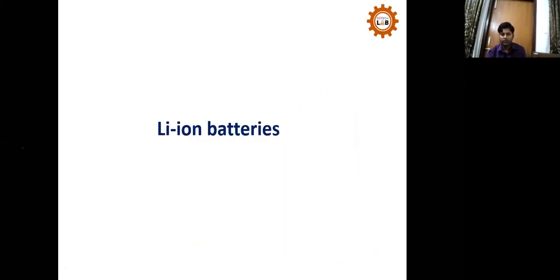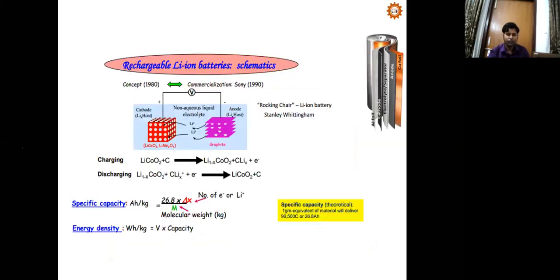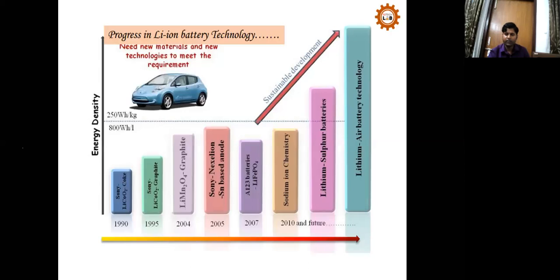Then some more about lithium ion batteries. You can see here that lithium ion batteries have more energy density, more specific energy density. Lithium ion batteries having more energy density is why they are being used in recent days. I will not go into much detail about lithium ion batteries, just how different kinds of lithium ion batteries exist.